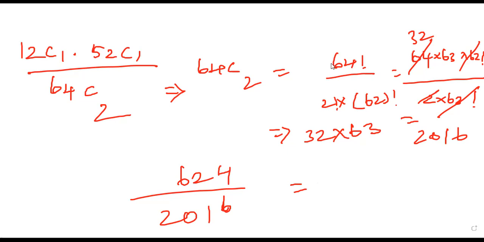Can you simplify this further? Yes, with the 3 table, you get 13 over 42.